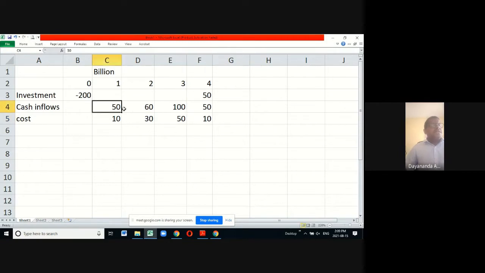So I think I have to increase it a little bit just to convince you. 80. Here also we'll say 110. Don't worry, these are just figures I put. So these are negative cash flows, so you have to put them as minus figures. This is also minus, this is minus, this is minus.